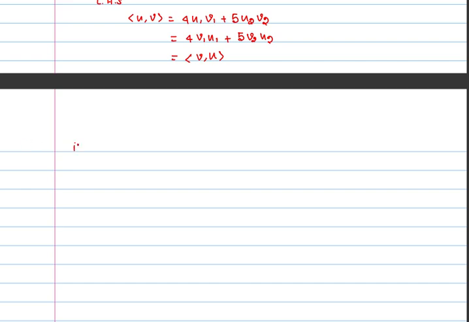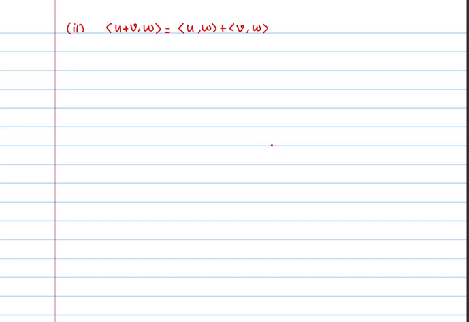Now we go for the second axiom, that is U plus V comma W equals U comma W plus V comma W. I take the left-hand side, U plus V comma W. I can write this as 4 times (U1 plus V1) times W1 plus 5 times (U2 plus V2) times W2.